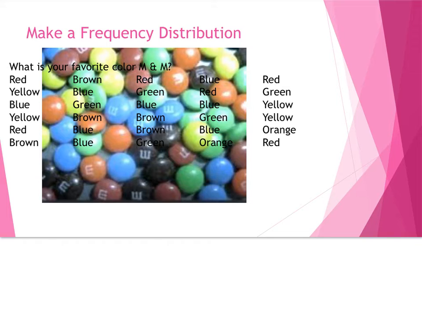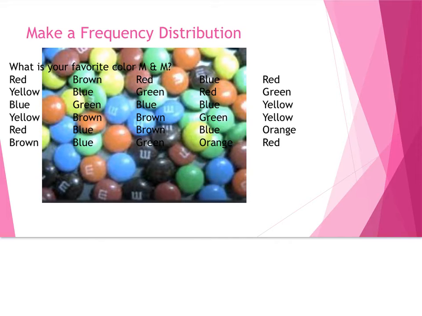Now, I have, what's your favorite color of M&M? Colors, that's nominal data. I can list those colors in any order I want to. I could make a chart, frequency distribution with red first, or I can make a frequency distribution with orange first, and nobody would argue about that.